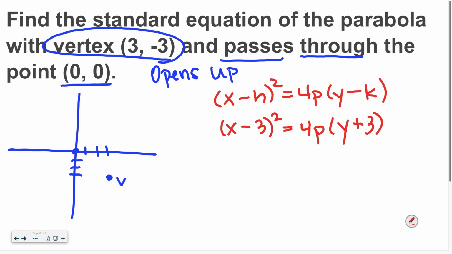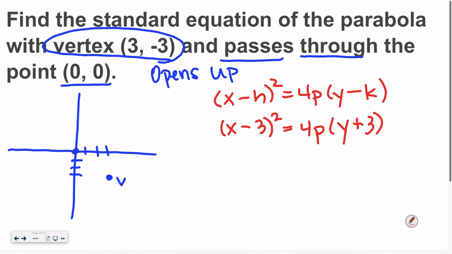However, we have no idea where the focus or directrix would be, so we do not know p. We don't know if that's 2p or not. We don't know if that's our nice 90-degree point.